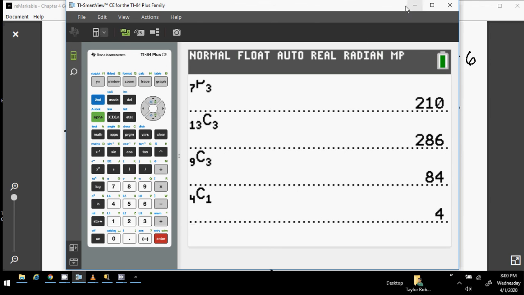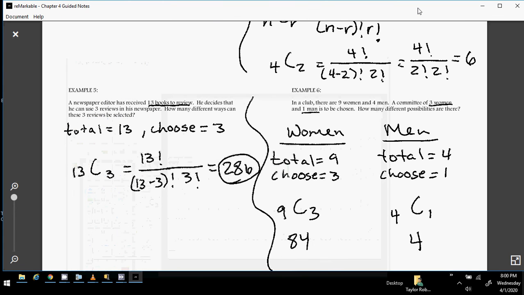So that's our possibilities there. So there's 84 possibilities for the women and 4 possibilities for the men. But we want to know how many different possibilities total there are. So this goes back to the fundamental counting principle where we said if we want total possibilities, then we take each of the possibilities and we multiply them together.